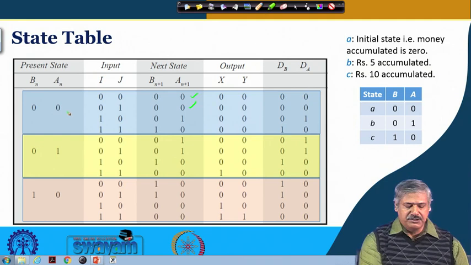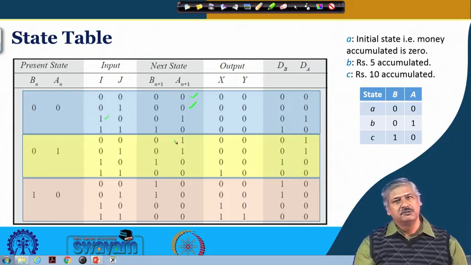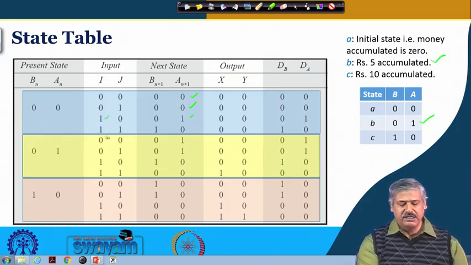And if the current state is 0 0, that is state A, and I is equal to 1, that means a coin has been deposited, and J is equal to 0, that means rupees 5, so it goes to state B. State B is defined as 0 1, rupees 5 accumulated. And when the input is 1 1, that means rupees 10 has been deposited, so in the ASM chart we can see it goes to state C, that is 1 0.